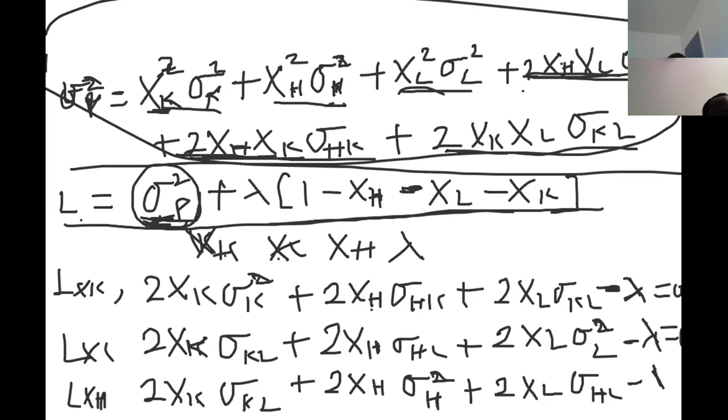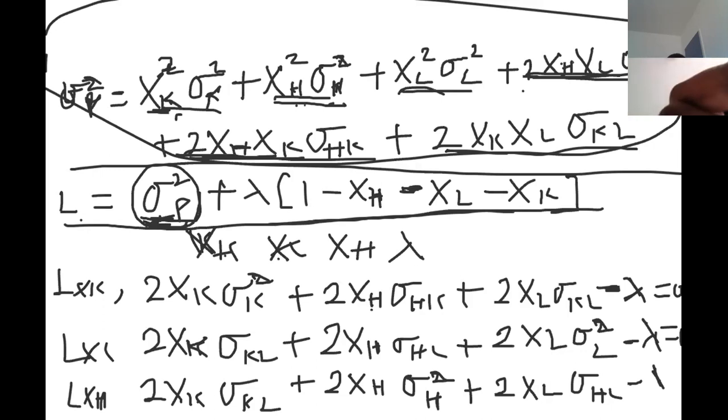Yes, the first part. Okay, let me check. We are differentiating with respect to H, right? So there's no H here. When I differentiate, I'm going to have 2SH variance of H. That's what I have here.